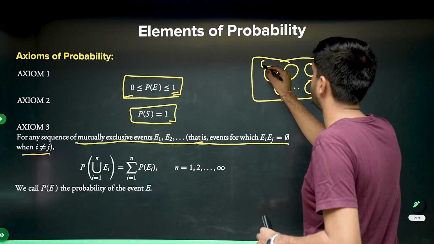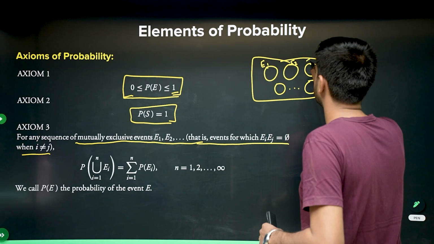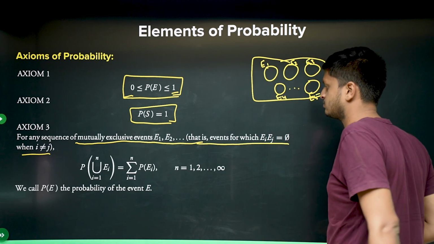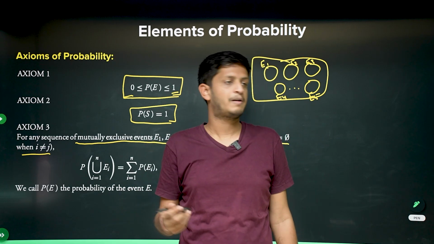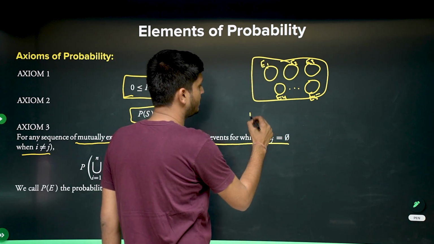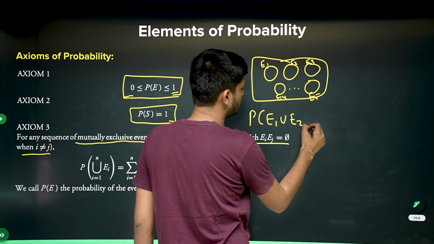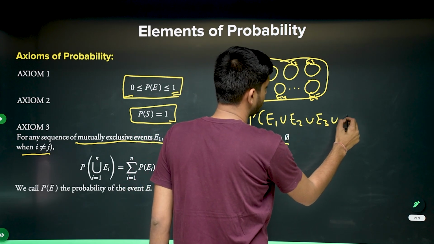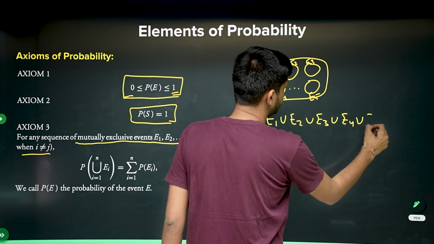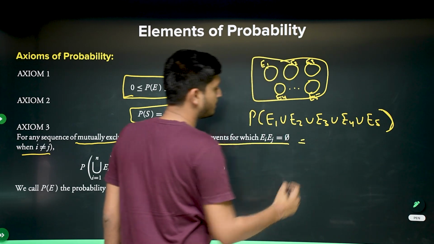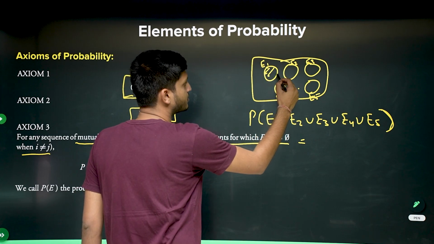They are exclusive events. So we have a sequence of exclusive events. So what will happen here? The probability of E1 union E2 union E3 union E4 union E5 will be nothing but the sum of individual probabilities.